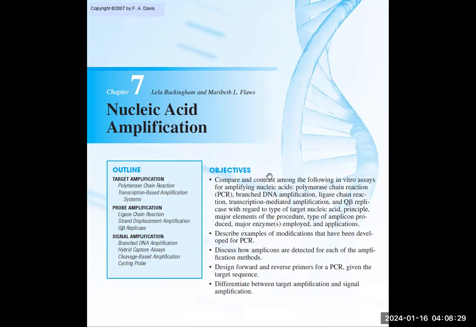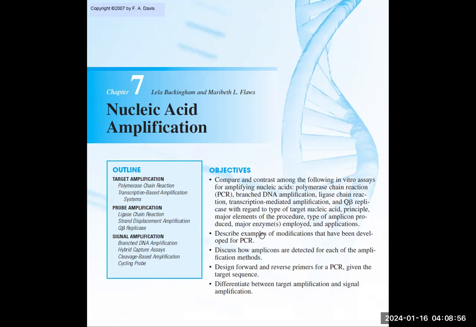We need to compare in vitro nucleic acid amplification assays like PCR, branched DNA amplification, ligase chain reaction, transcription-mediated amplification, and Q replicase. We will be comparing them in terms of target nucleic acid, procedure elements, amplicon types, employed enzymes, and applications.